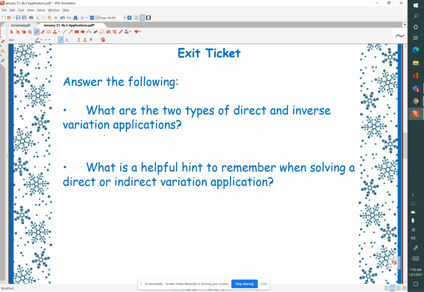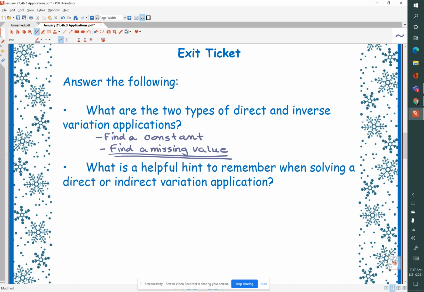Well, we've seen that we can either find a constant, and that's what we did in number 1, number 2, number 7, and number 8, or we can find a missing value. And on SAT, SBAC types of problems, usually you'll see the second type of problem.